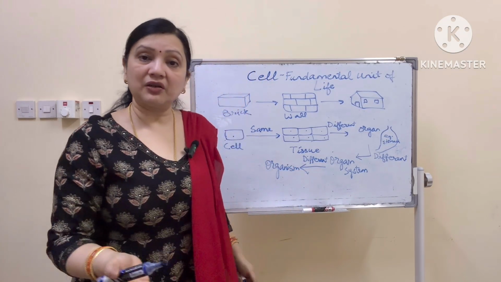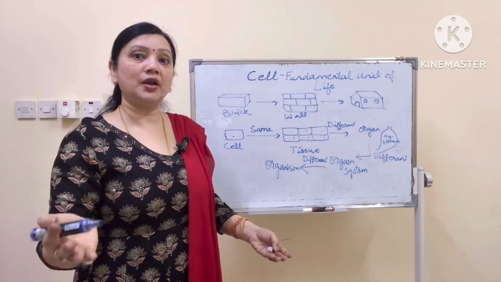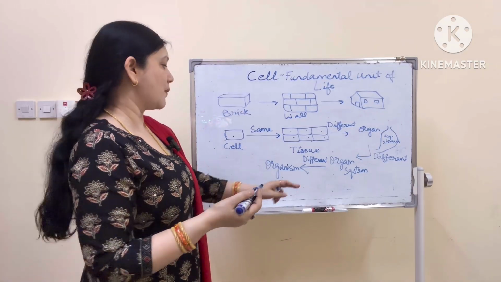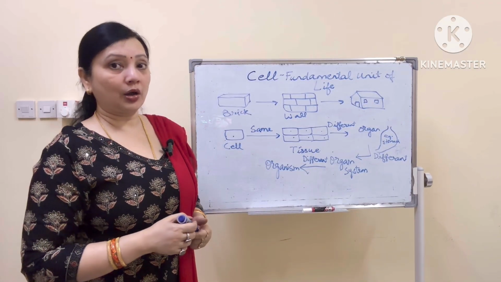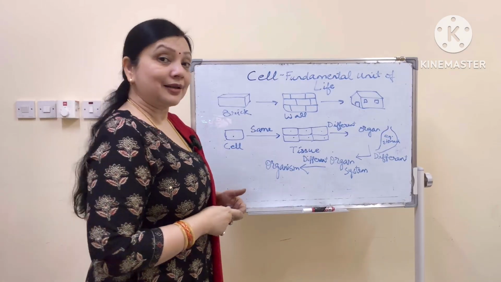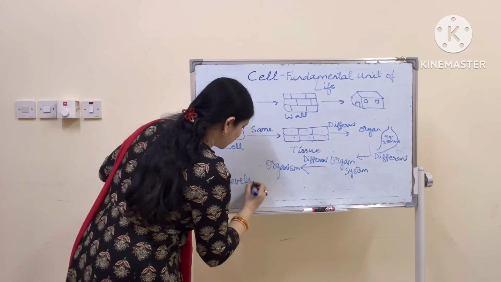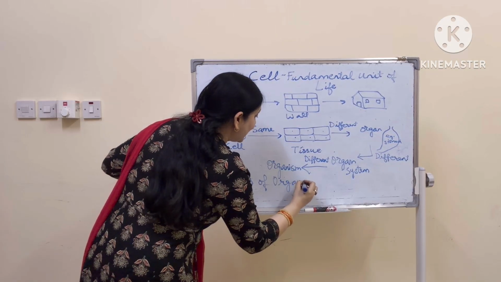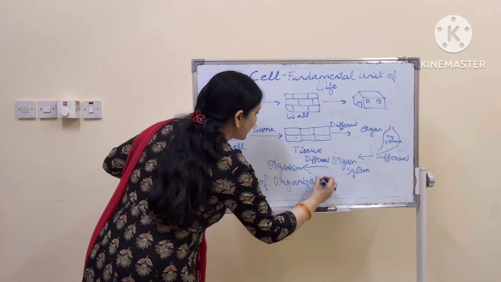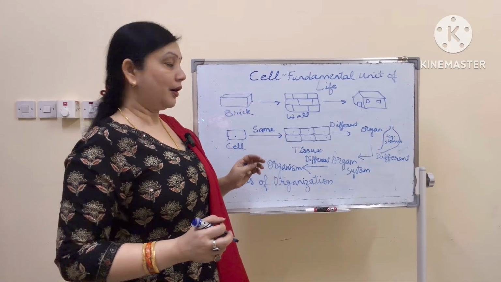Digestive system, respiratory system, excretory system, circulatory system. When all the systems combine together, then an organism is made. This is what is called levels of organization. How a cell aligns itself and makes up a whole new organism.